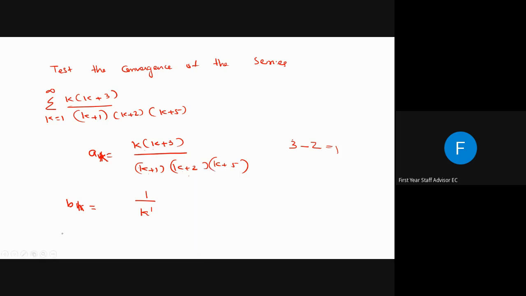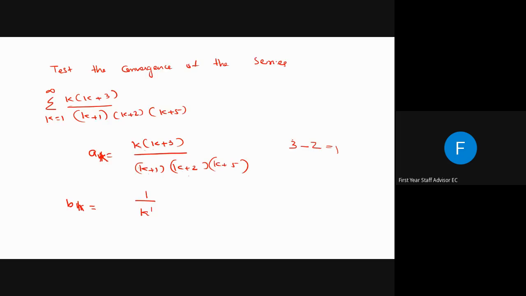So the limit as k tends to infinity of ak by bk equals k into k plus 3 divided by k plus 1 into k plus 2 into k plus 5, divided by 1 by k.